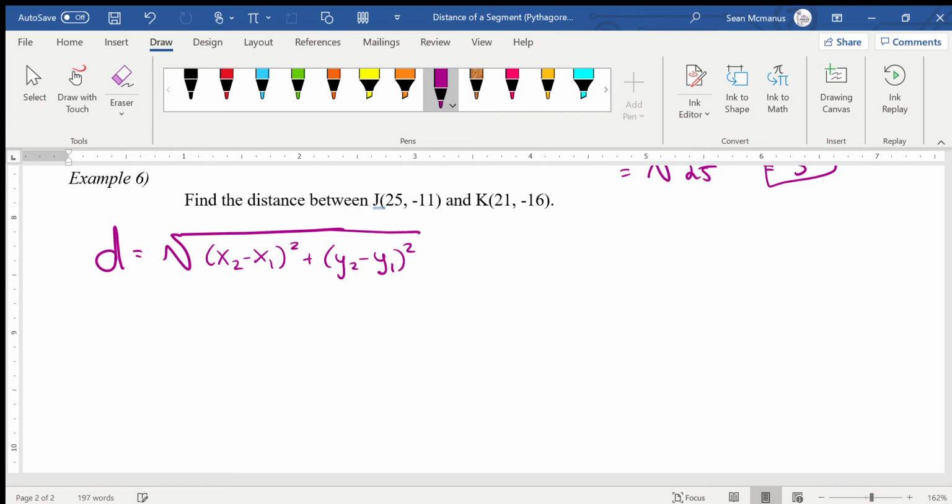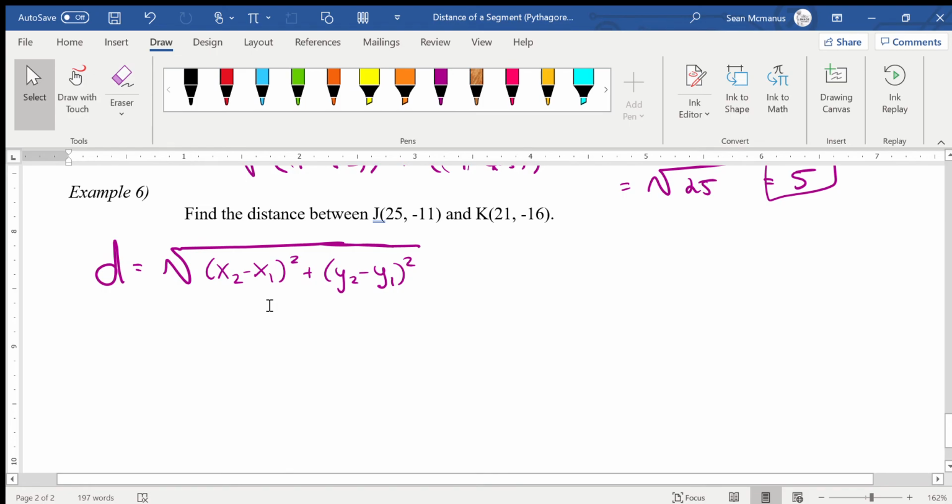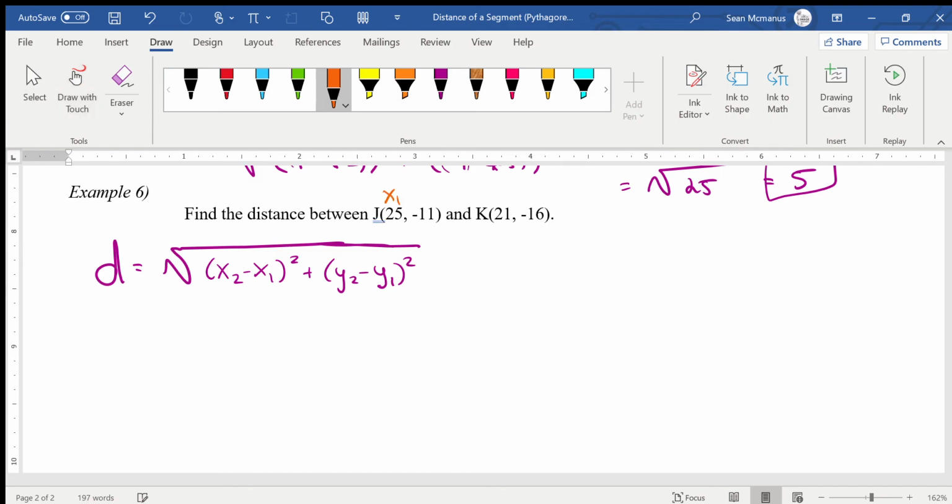I can see there are four numbers to plug in, x1, x2, y1, y2, so I have to label these. This is x1 and y1, the x and the y of the first point. This is x2 and y2. So I have to plug those numbers in.